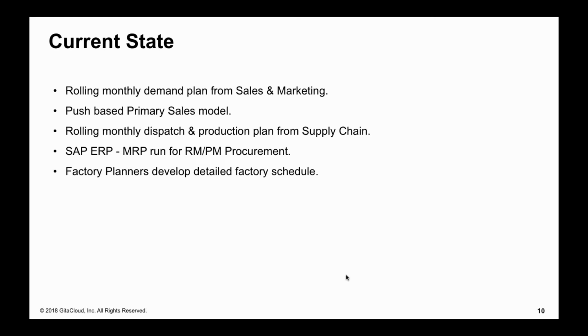We also have the SAP ERP, which helps us in taking the MRP run for the raw material and the packed material procurement. Factory planners then develop the detailed factory schedule at a line level and then deliver the products.